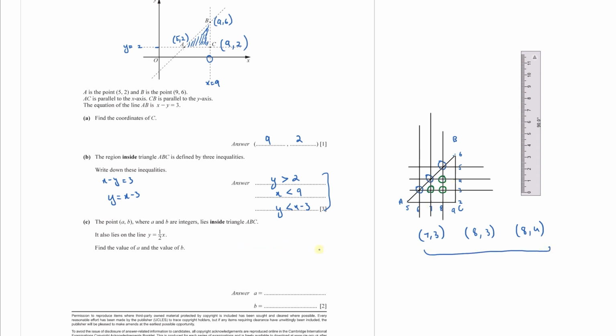Now you have to find the one which lies on the line y equals 1/2 x. If it lies on the line, that means the value of y is half the value of x. So your y coordinate should be half the x coordinate. Looking at 7 and 3, 3 is not half of 7. 3 is also not half of 8, but 4 is exactly half of 8. So this satisfies the equation.